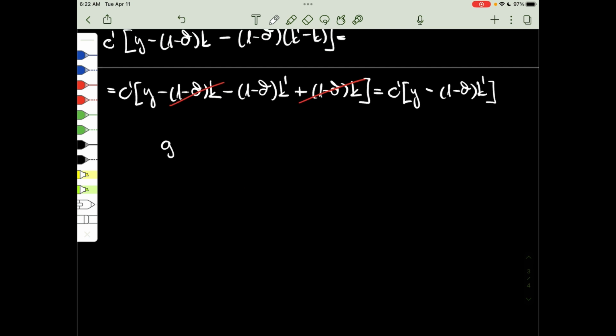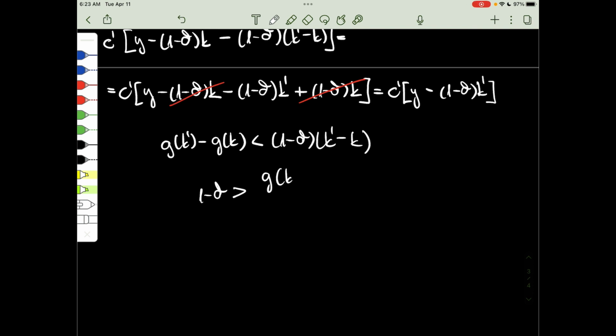This is the movement of the optimum choice along the horizontal axis, which is smaller than the movement of function C prime. And as a consequence, with some simple rearrangement, we receive this result.